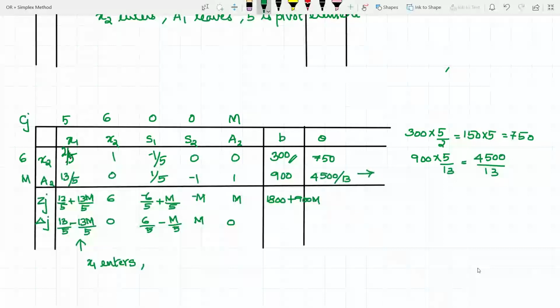Now the pivot element is this. So 13 by 5 is the pivot element. Okay. So you got the second table.